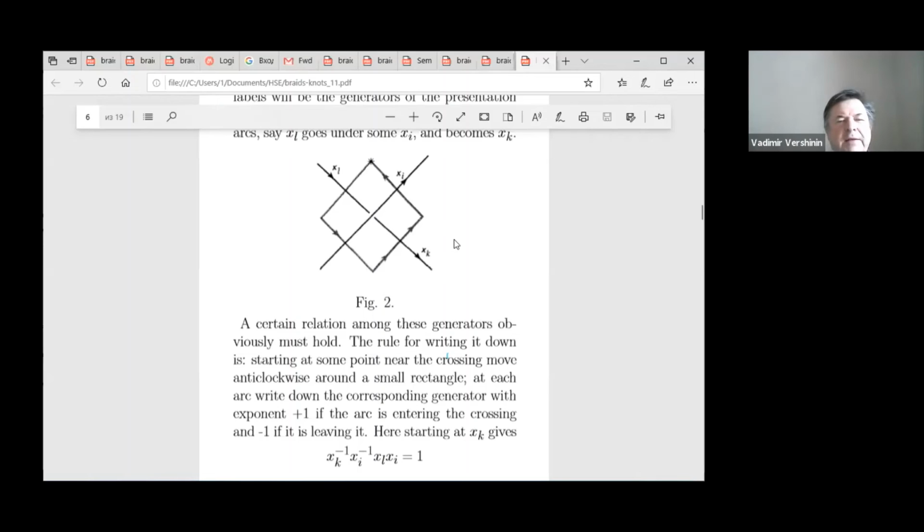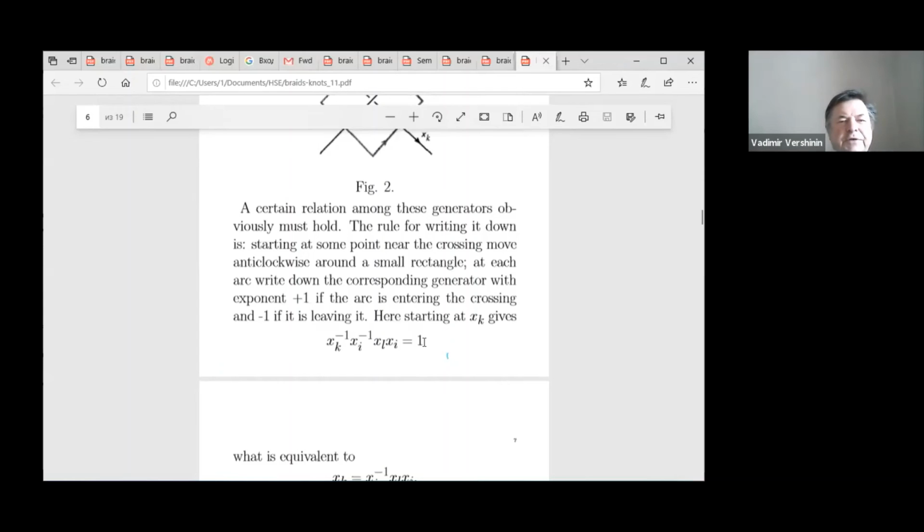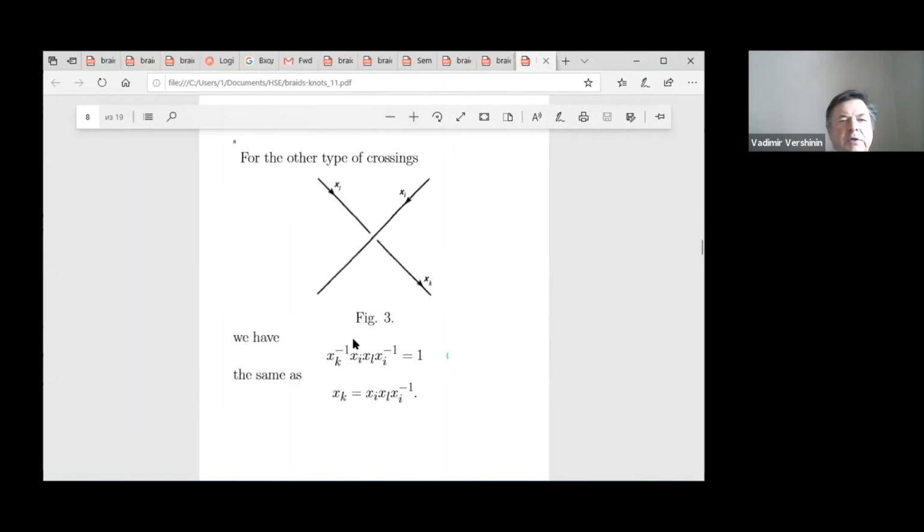This is the negative crossing. Here you have a relation of this type. But you know that there may be crossings of positive type, when the overcrossing goes to the arrow which goes out, so this arrow and this arrow go in the positive direction.